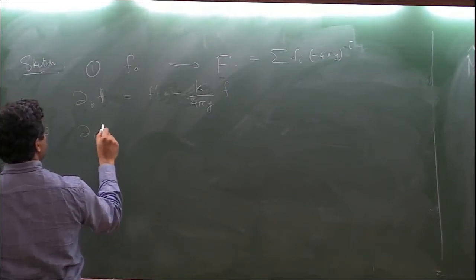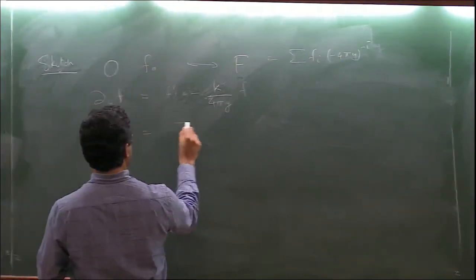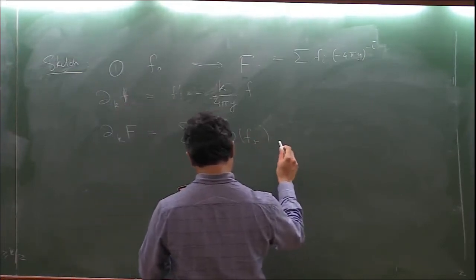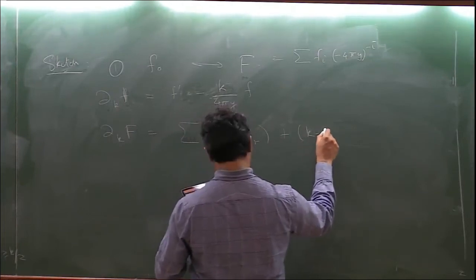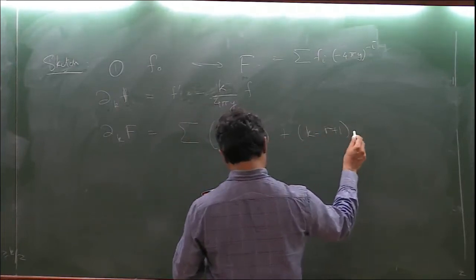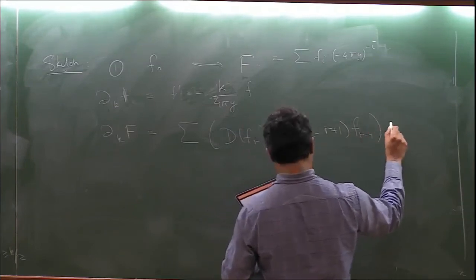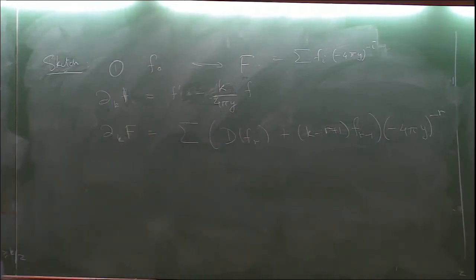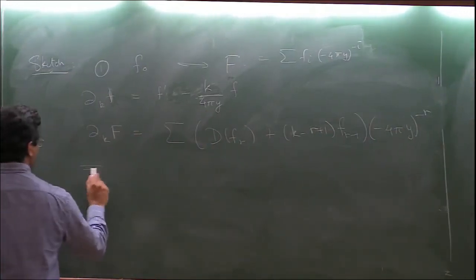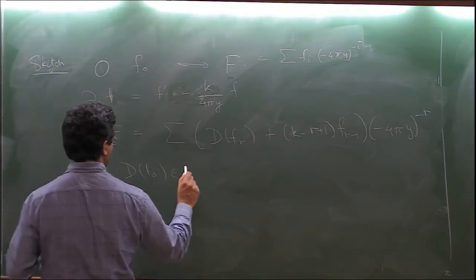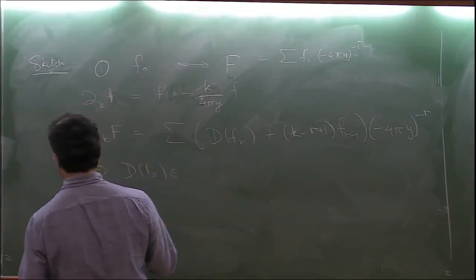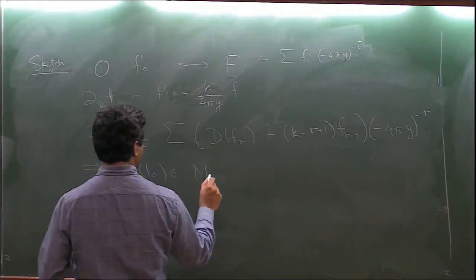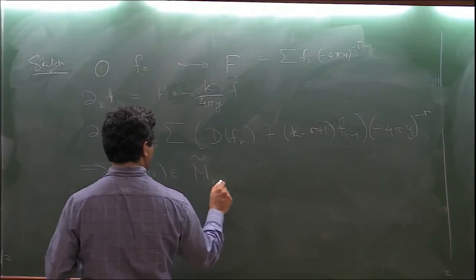When I apply this to f, what I get is the summation of D f_r plus k minus r plus 1 times f_{r minus 1}, times minus 4 pi y to the minus r. So this implies that D of f0 is also, and the depth increases appropriately, in M tilde k plus 1.